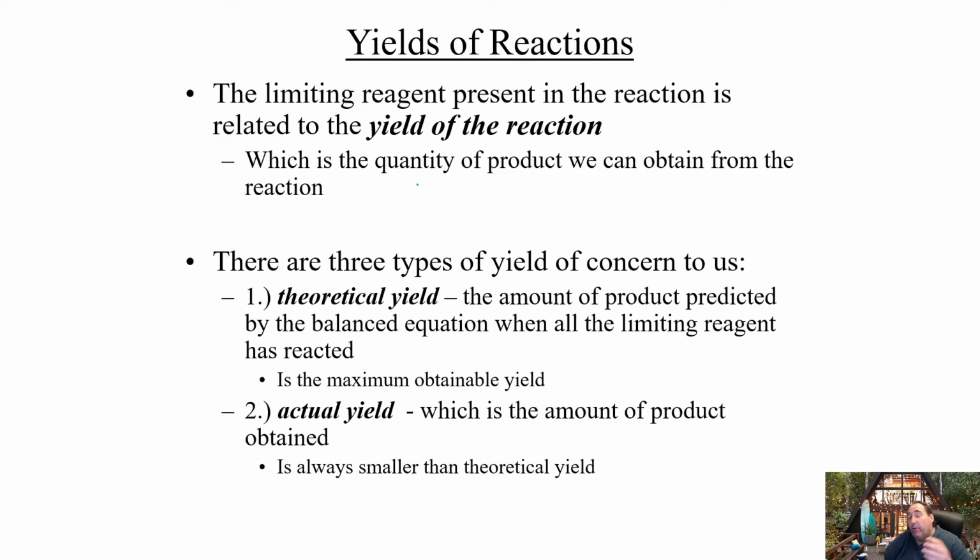Frankly, if everything went perfectly, there were no side reactions, you weren't a klutz, you didn't drop anything on the ground, didn't leave anything over. If everything was perfect, which it never is when you do it in real life, based on the equation and how much you're starting with, the theoretical yield is your maximum amount of product that you should be able to produce.